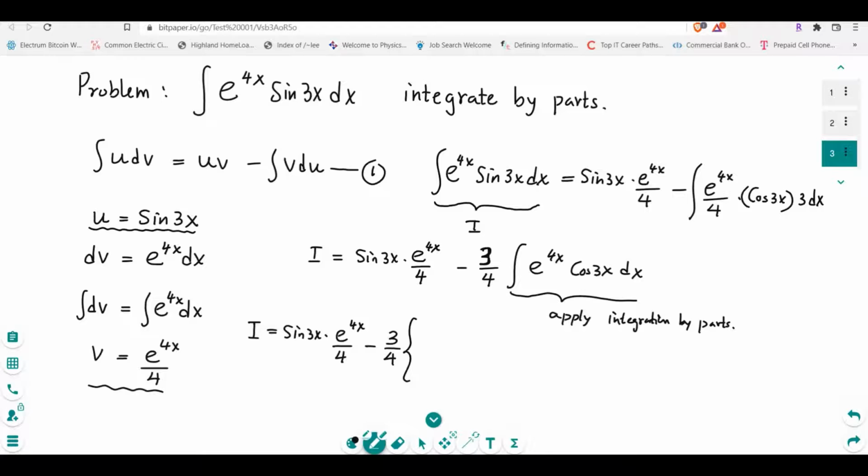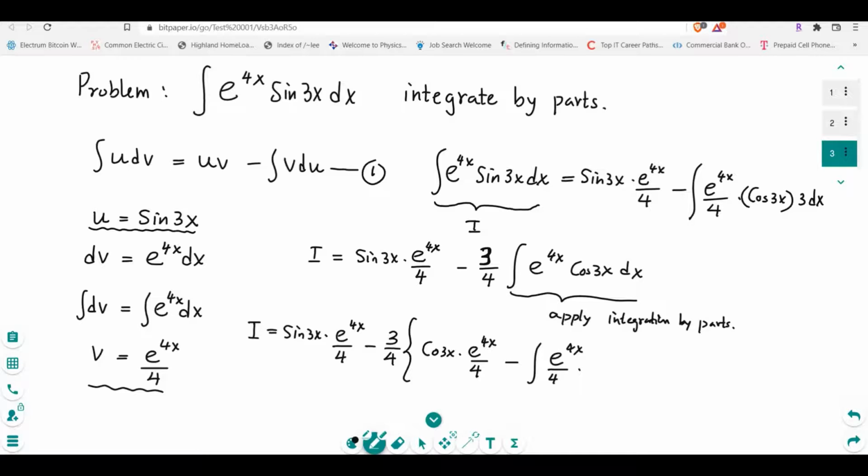So this time, just follow the method that I explained initially: cosine 3x times e to the power 4x over 4, minus the integral of e to the power 4x over 4 times the derivative of the cosine function.